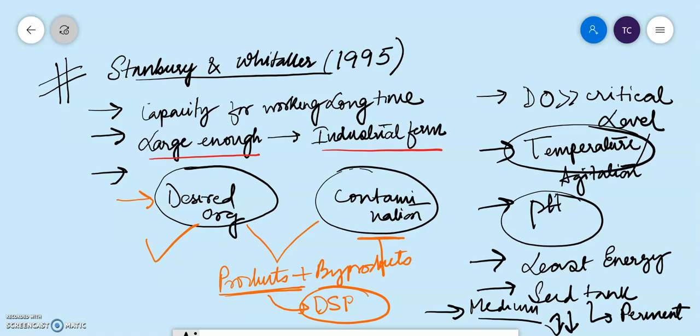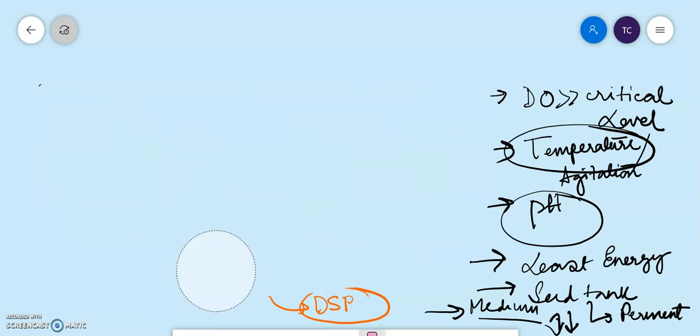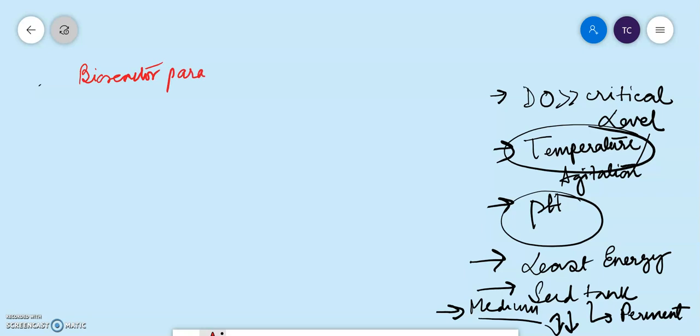Now, I will also highlight some other important aspects of fermenter design. The other area of major importance in bioreactor design involves the bioreactor parameters. So what are the bioreactor parameters?